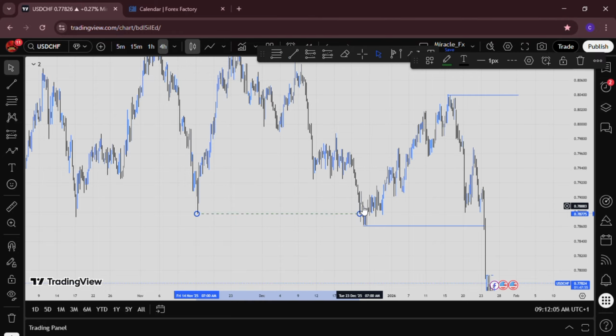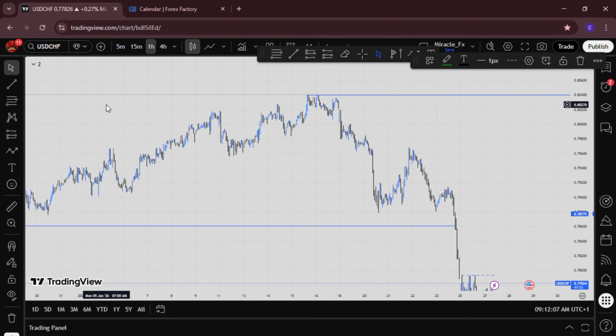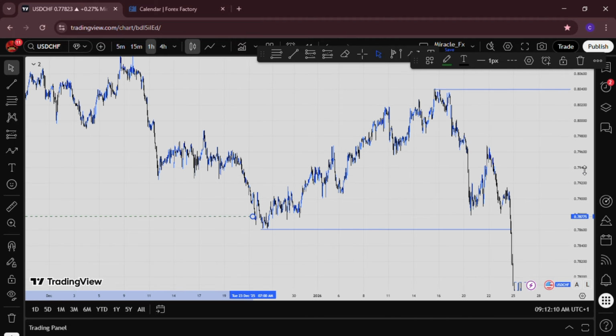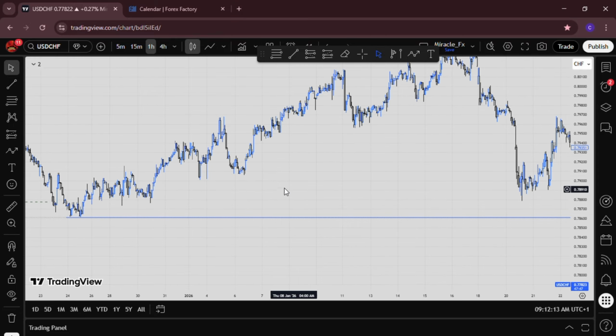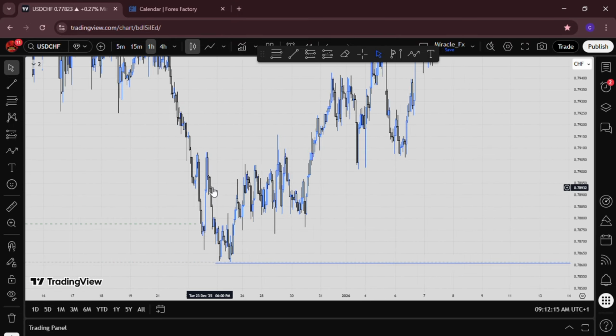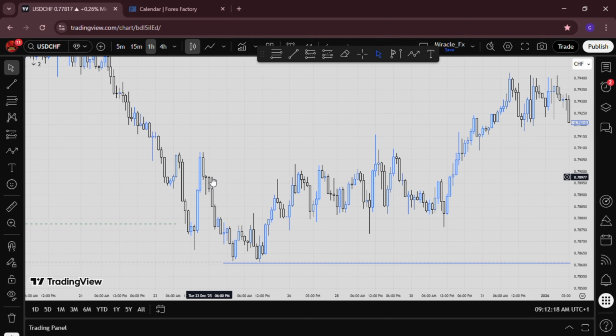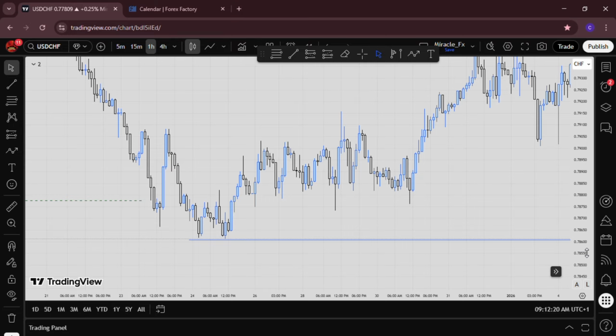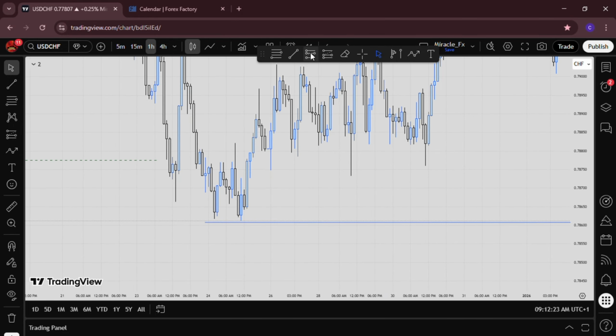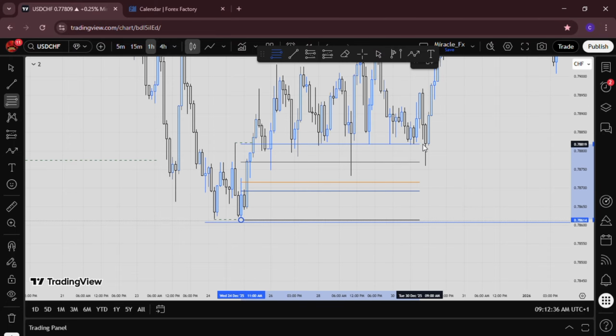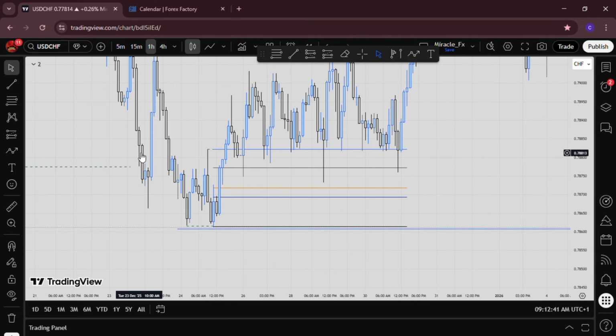And on the 1 hour, we'll be looking for buys on the retracement. If you look at this close, there's a sweep of liquidity here. Then here's a break of structure. Then I'll mark my Fibonacci. So as you can see, then on the 15-minute time frame, I'll take my entry.